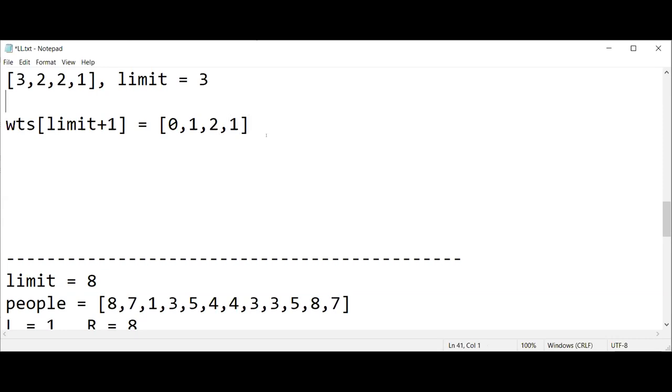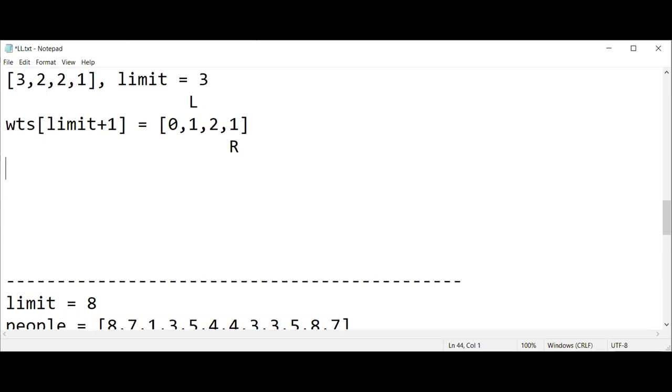Then we set 2 pointers, because the 0 index doesn't matter here: the left pointer to the first index, and the right pointer to this index. So we do the two pointer approach again, but in this case the indexes themselves are the weights, and this array is the frequency, or the number of people in each weight category.